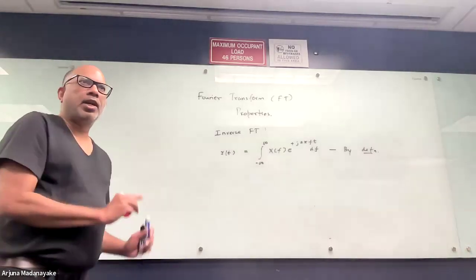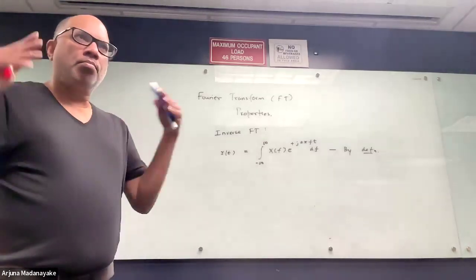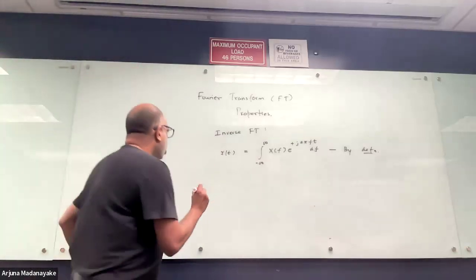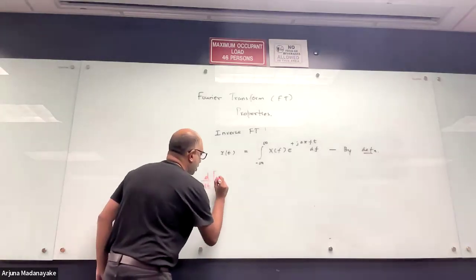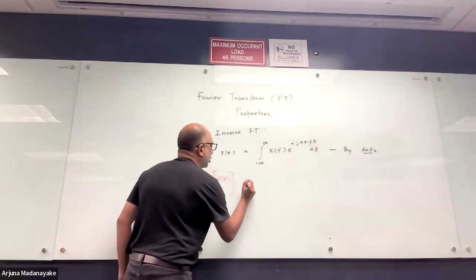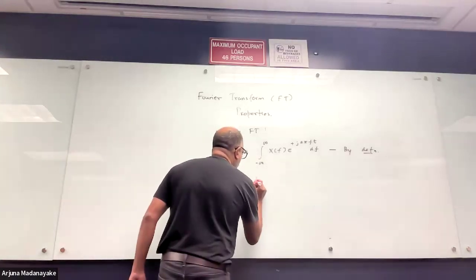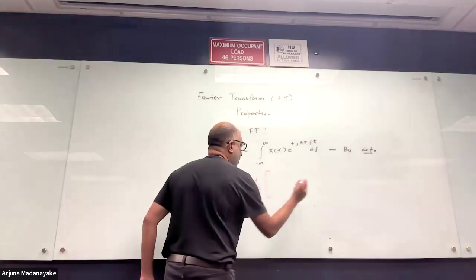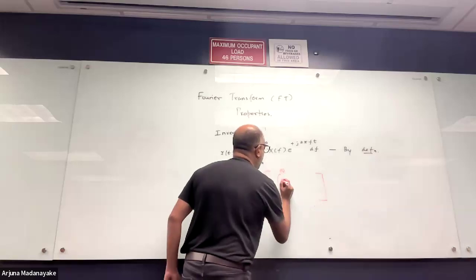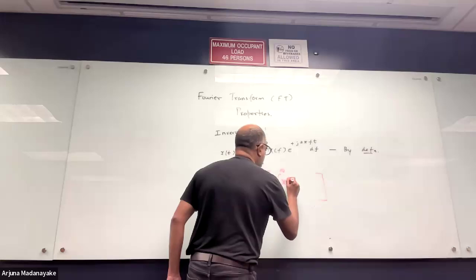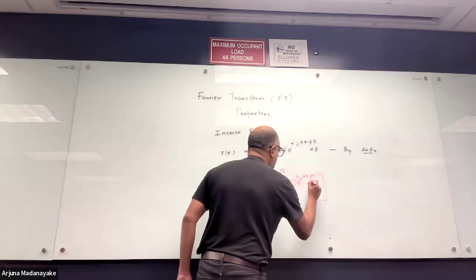Because it's an equation, if I apply an operator on the left-hand side, I have to apply the same operator on the right-hand side. So if I go d over dt, differentiating the left-hand side, which is x of t, I'm forced to do the same thing on the other side: d over dt of the integral from negative infinity to positive infinity of capital X of f, e to the positive j 2 pi f t.